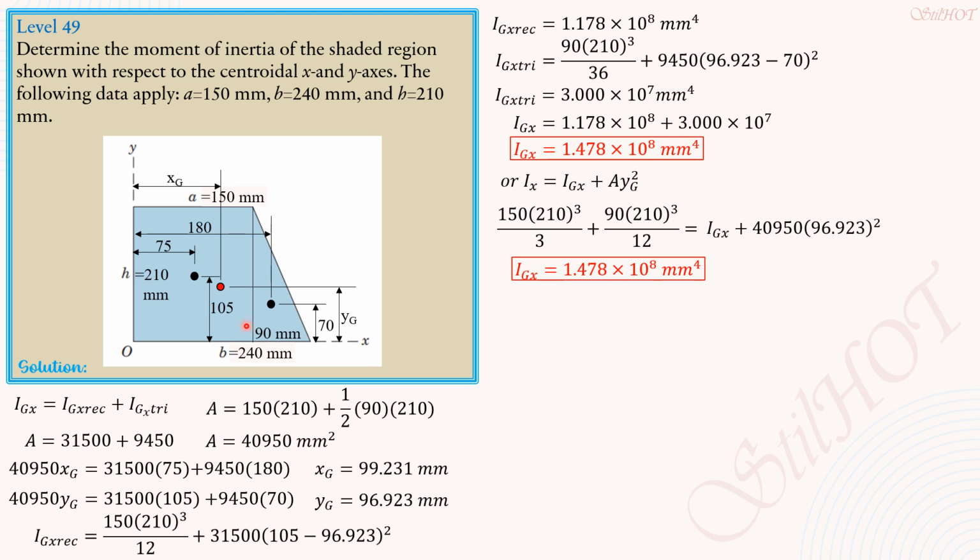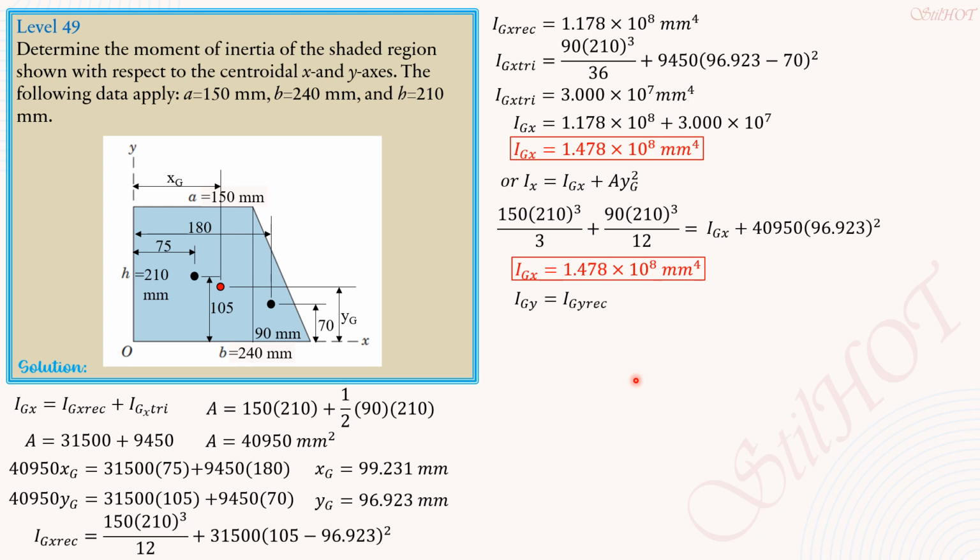Then for IGY, it is the moment of inertia with respect to the centroid of the rectangle plus the area of the rectangle times this distance squared, plus the moment of inertia of the triangle with respect to its centroid plus the area of the triangle times this horizontal distance squared.